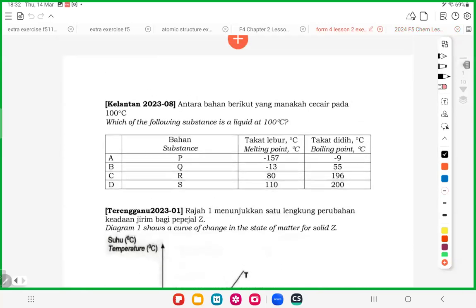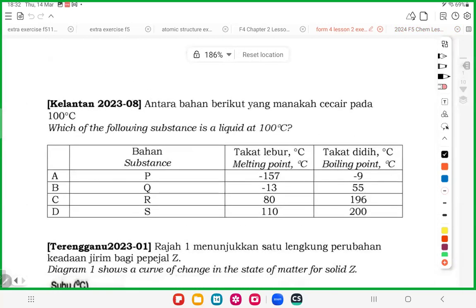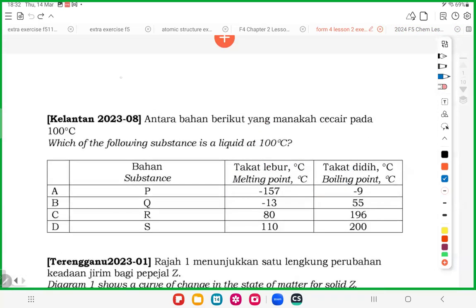So the first question, coming from Kelantan, 2023. Which of the following is a liquid at 100 degrees Celsius? They give you melting point and boiling point, and 100 degrees Celsius. This one must use the three lines method.